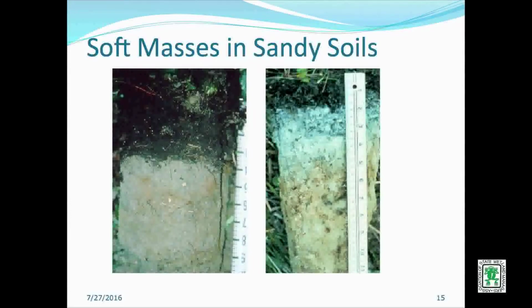What you do not see is surfaces coated with oxidized iron and manganese in these sandy soils, because there are very few surfaces to begin with. There are very few macropores. There are very few ped surfaces because there's very little soil structure.